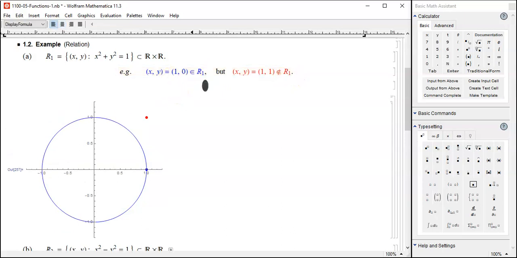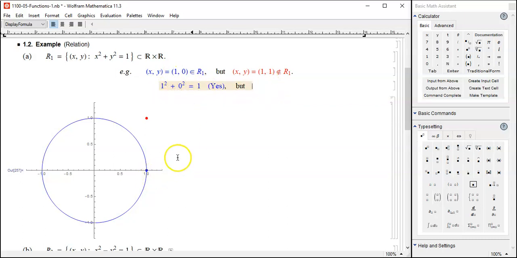And you can easily check that. Excuse me, it should be that. You see, (1, 0). So 1 squared plus 0 squared is equal to 1. Okay, that's yes.